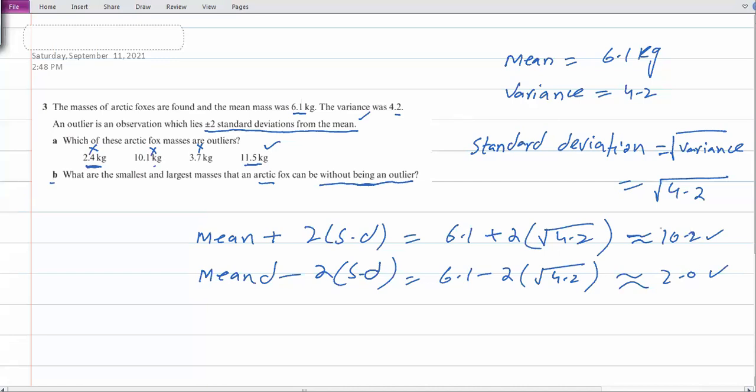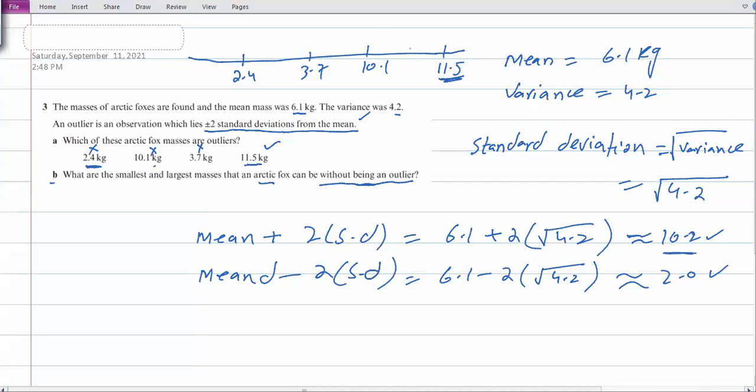If you are taking the outlier, your data spread was like this: for example, 2.4, then 3.7, then 10.1, then 11.5. Now 11.5 is an outlier, so we cannot take this. Then this value is now also part of the data.